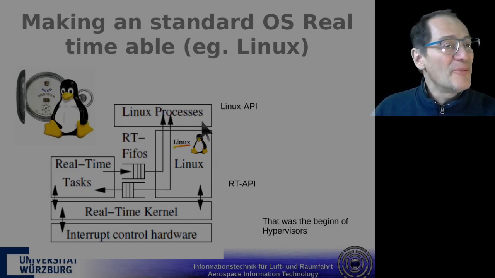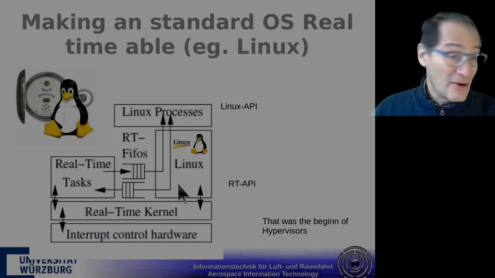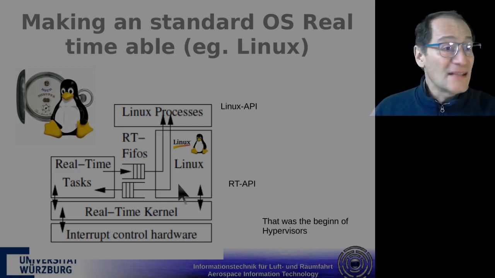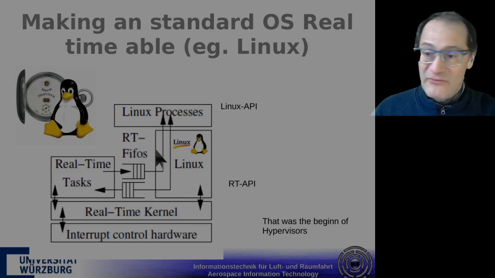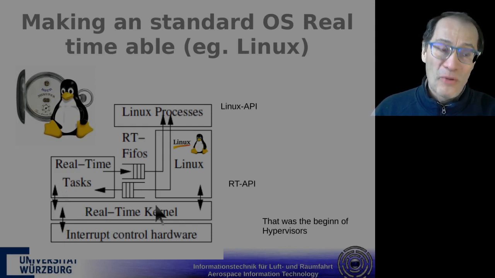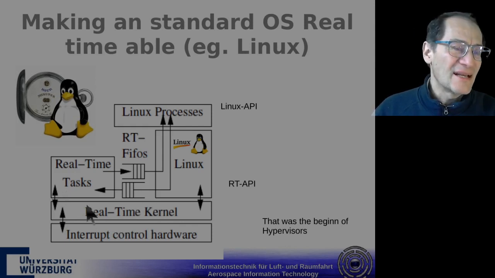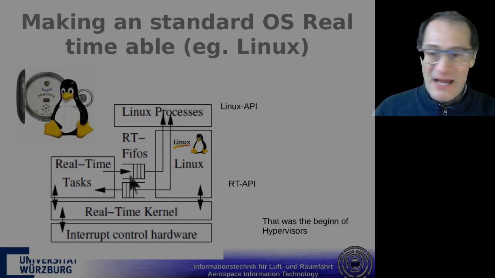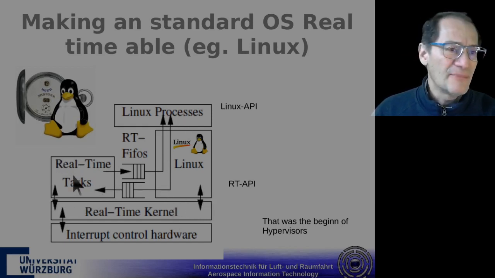And here we have all these Linux applications running on the top of Linux. But the critical real-time applications, they are not running on Linux, they are running on the top of this real-time kernel. So they are two operating systems together, something like a hypervisor. On the top of this hypervisor, we have the Linux and some real-time tasks.